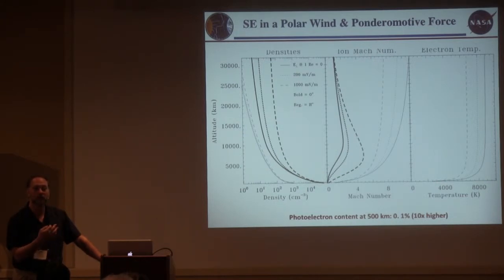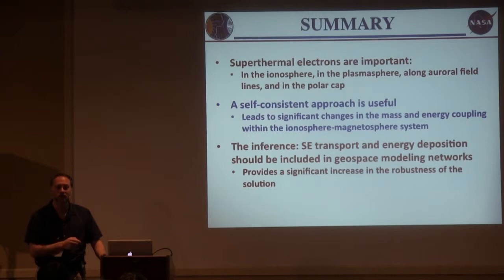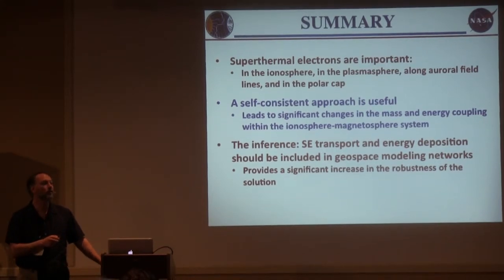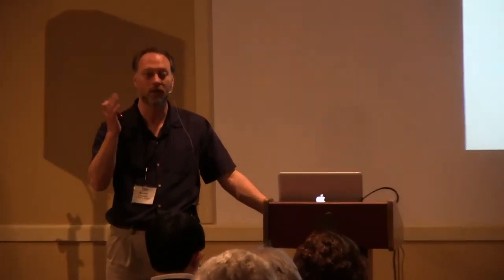So as you have those extra, depending on whether you're in sunlight or not in sunlight, you can get a dramatically different influence of other effects. It's a transistor on other effects, is what I think the point is of these two pictures. So superthermal electrons are important and should be taken into account when we're talking about these global modeling and magnetosphere-ionosphere coupling situations. Thanks.